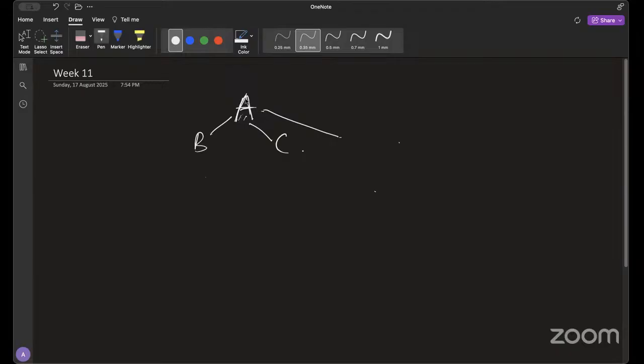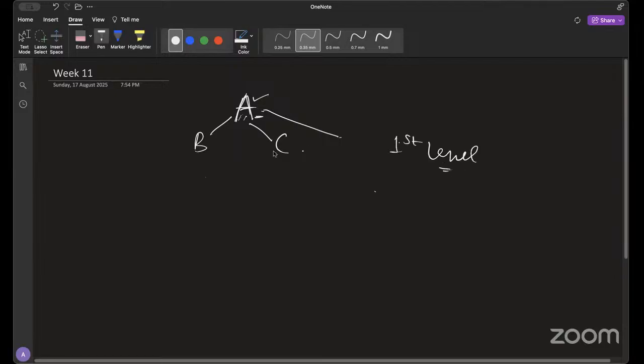What you do is you start your search from A, so this is the vertex where you start your search from, and this is the first level. First level basically means all the vertices that are directly connected to A via an edge. So if there is an edge from A to E, you'll see E here. First you write down all the vertices that are directly connected to A via an edge, and you mention them on the first level.